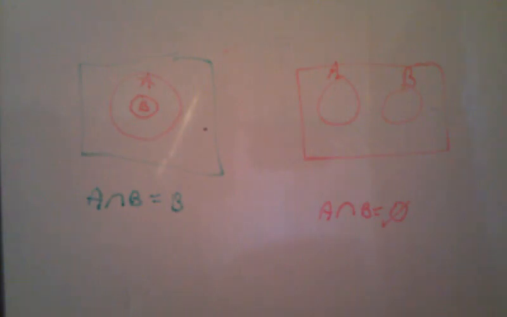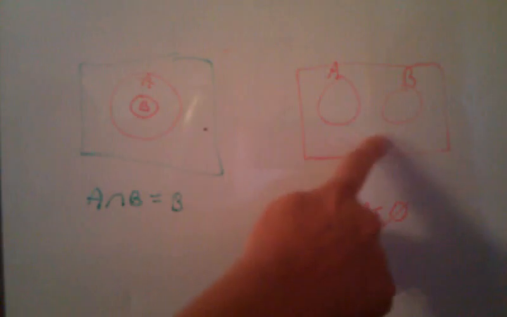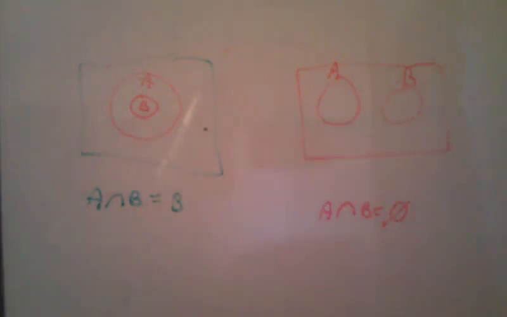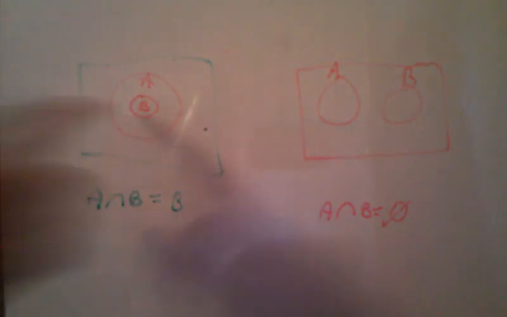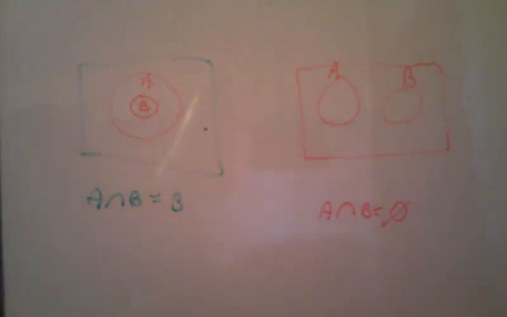Sets that share no common elements are called disjoint sets. Whenever a set such as B contains only elements that are also elements of another set, the set B is called the subset of A, like this one. If two sets are equal, then they are subsets of each other.